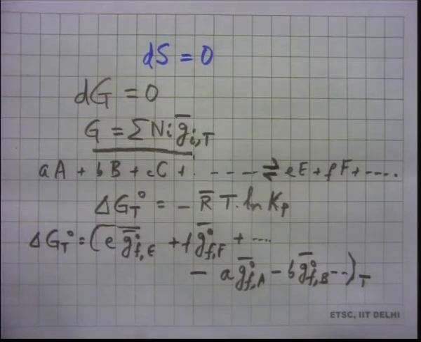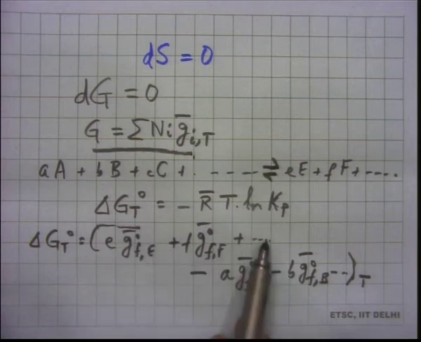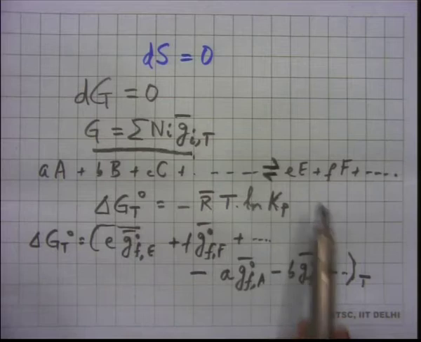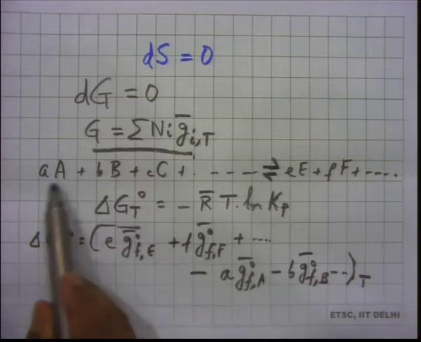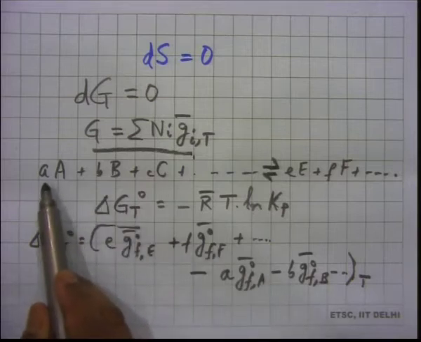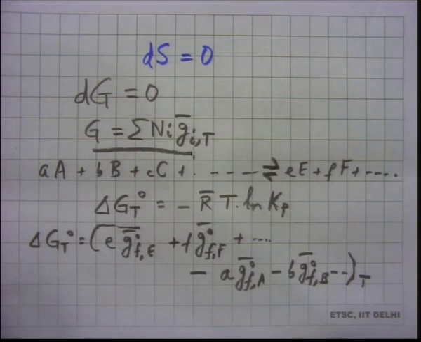etc. So, what I have used here is this E, F, etc., the first few terms which come from the right hand side of this equation, and you have small a, small b, etc., which come from the left hand side, that is from the reactant side of this equation. So, what is delta G_T naught again?